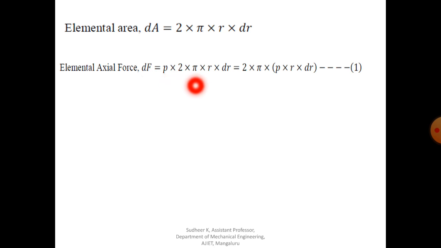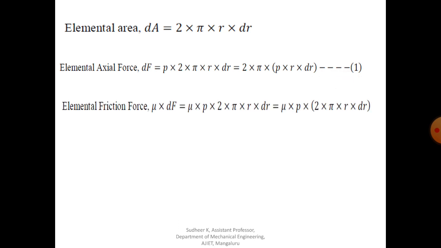So p into dA, where dA is 2 pi r dr. So dF equals 2 pi p r dr, and I will consider this as equation number 1.